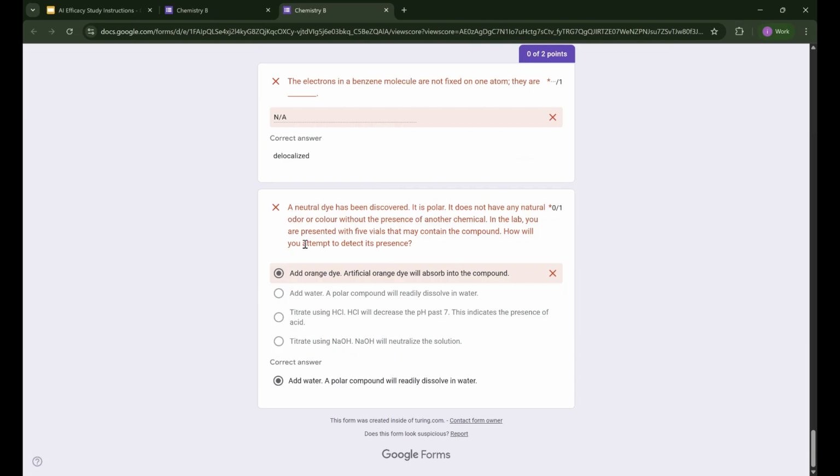I didn't even get a chance to fully read this question. Yeah, I didn't know this. Oh, yeah. Actually, I did know this. It is polar. It's just a key there. I didn't get a chance to fully read this.